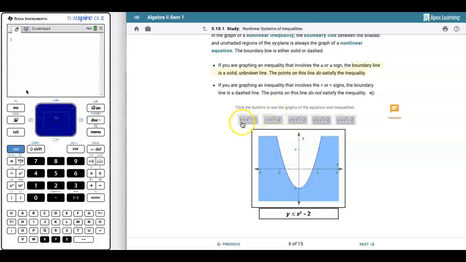If we are just less than, we still have that same shaded region, but now our line becomes dashed. Okay, if we go back to our original, now we're going to be greater than or equal to. So now we are inside, right? We are greater than or equal to. So solid line, shading inside. If we are just greater than, it is a dashed line, but still shading on the inside.